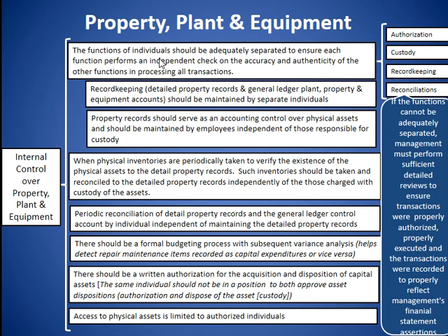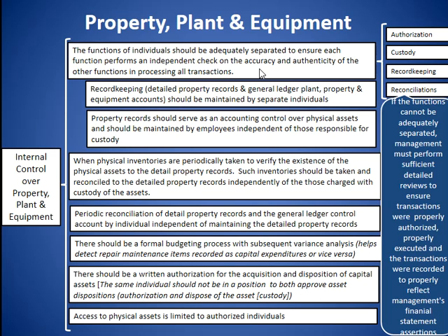The functions of individuals should be adequately separated to ensure each function performs an independent check on the accuracy and the authenticity of the other functions in processing all of the transactions within that transaction cycle. And if you'll remember the Surgent tapes, they talk about the segregation of duties in a transaction cycle, and Liz uses the mnemonic CAR, C-A-R.